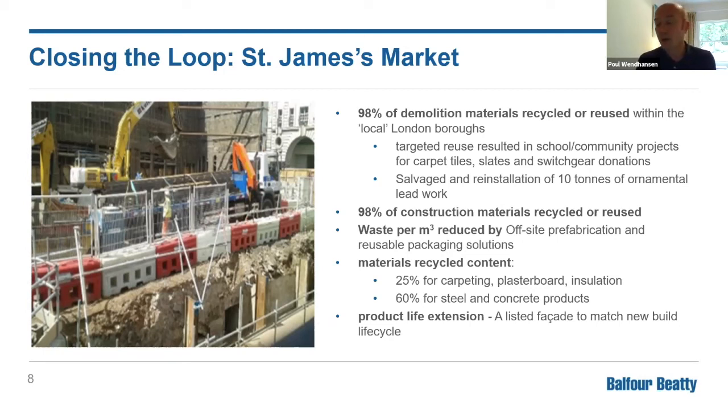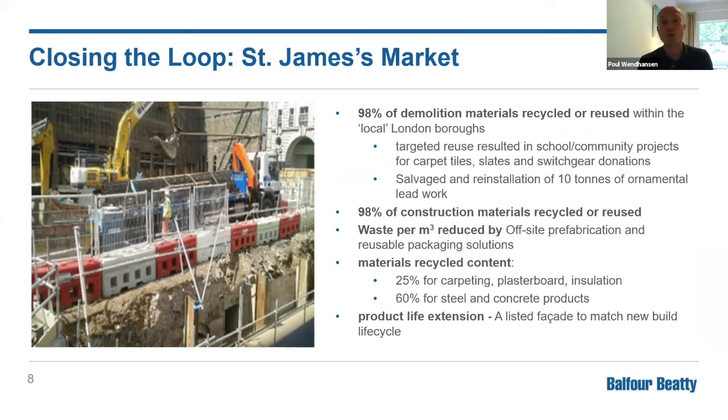So this was from 2016, in London, St James's Market, which is where that material flow diagram came from. It was about how we can think about this process in a more upfront manner. By doing that, as you can see, we achieved 98% of demolition materials recycled and reused within local London boroughs.